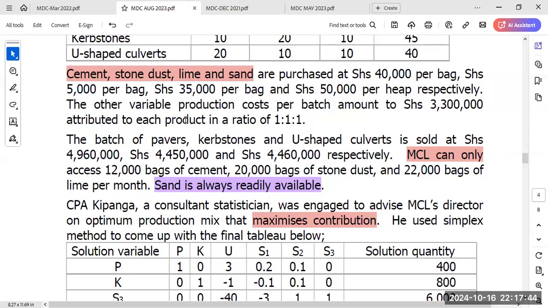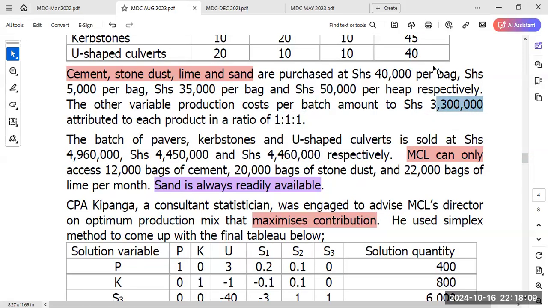Remember, we have 3 products, but in the ratio of this is the overall amount of money. But if you want to distribute or allocate to each product, we base on this ratio. So if you want to know the amount for pavers, you get 1 out of the total ratio, which is 3, times this amount of money.